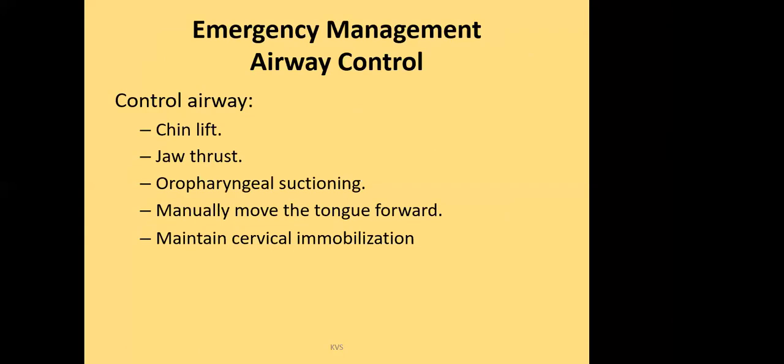So some of the emergency management of the airway control, you guys know this very well. Chin lift, jaw thrust, oropharyngeal, suctioning. But you know that sometimes our suctions are not working. Then the tongue, you have to move it forward, because once the patient is not controlling it, it just likes falling backwards.